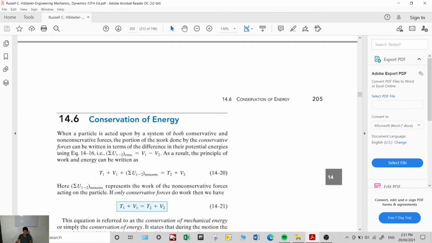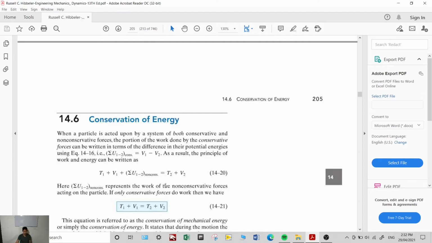Recall that the summation of the work done by the conservative force is just V1 minus V2. So we plug in the work done by the conservative force plus the work done by the non-conservative force into the principle of work and energy, and we get this equation: T1 plus V1 plus the summation of the work done by non-conservative forces is equal to T2 plus V2.